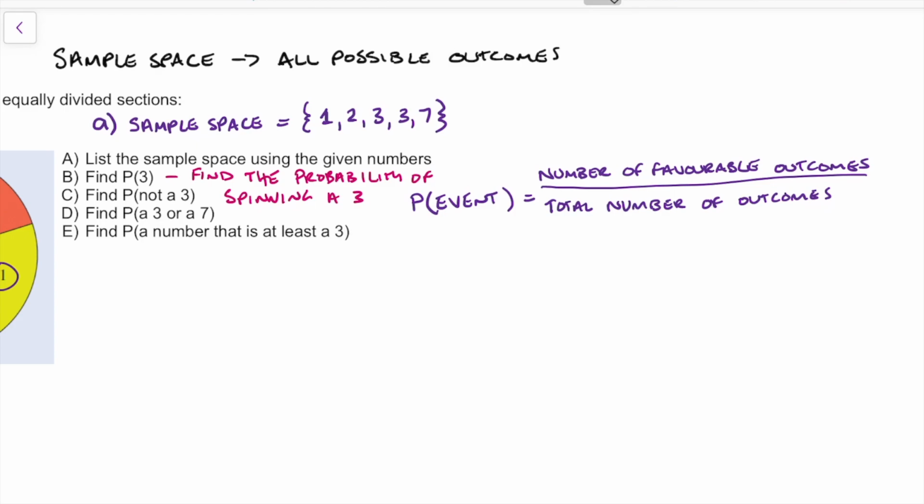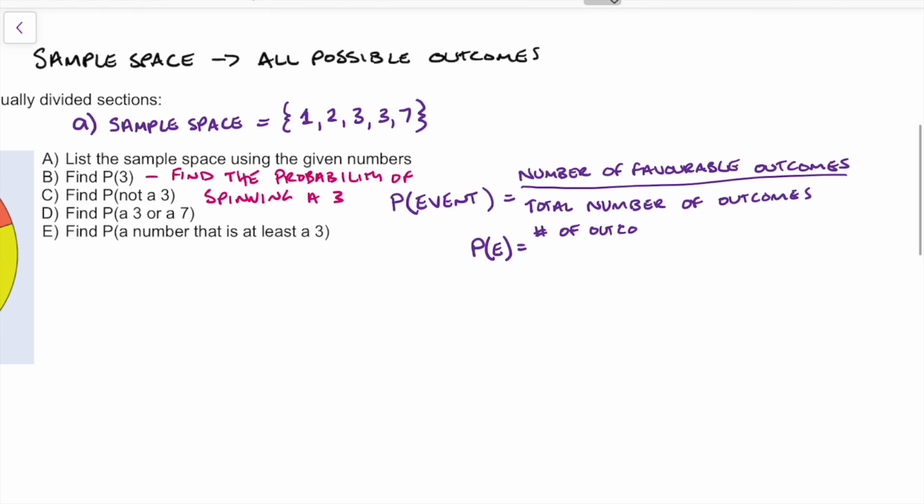Now this is a really long formula, so we can shorten it a little bit. We can have P of E, and it is the number of outcomes over the total outcomes. Now you might want to write this a little bit different, as long as you know what you're writing and it's set out nice and clearly like this.